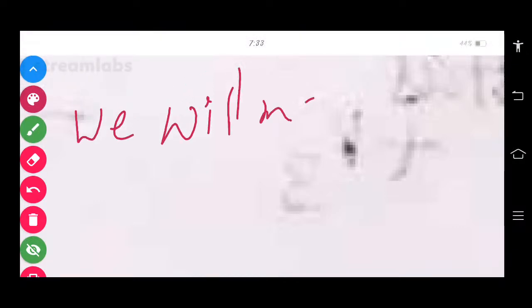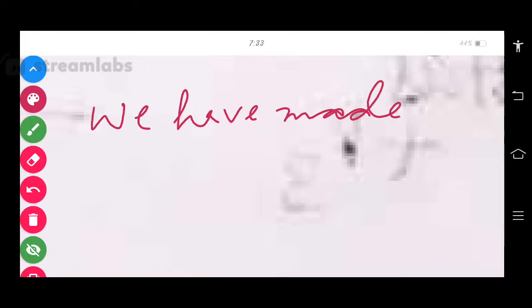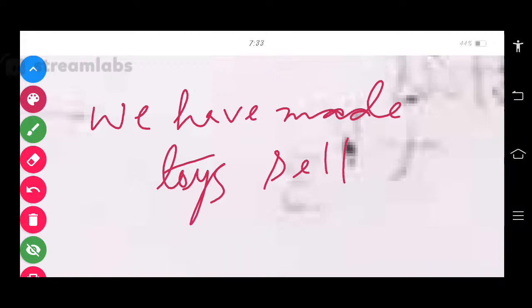See, we will make toys. We have made toys sell, right.